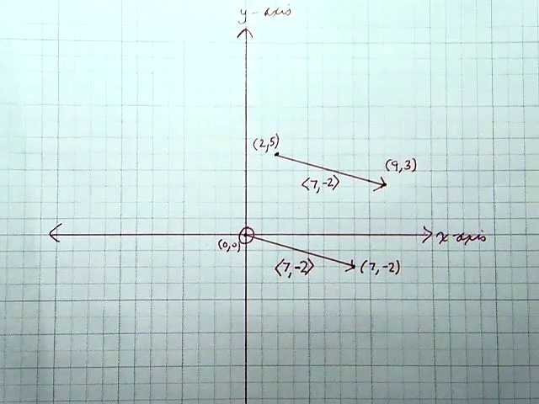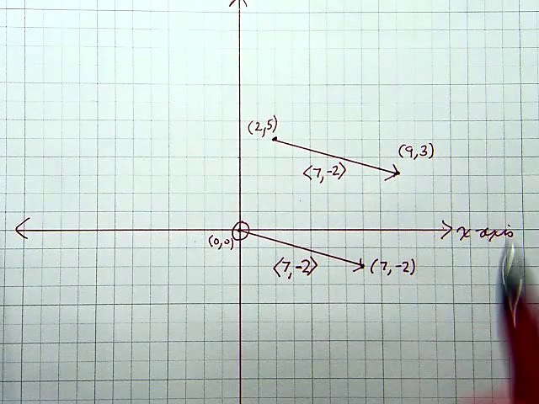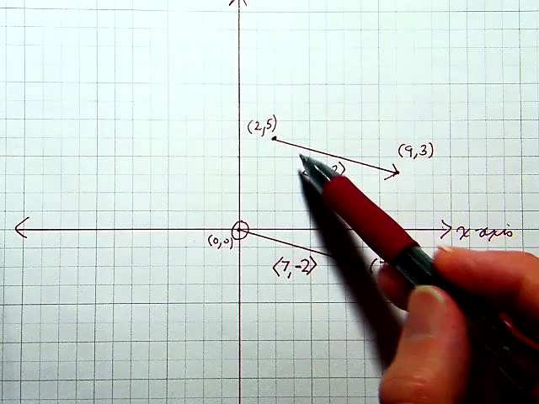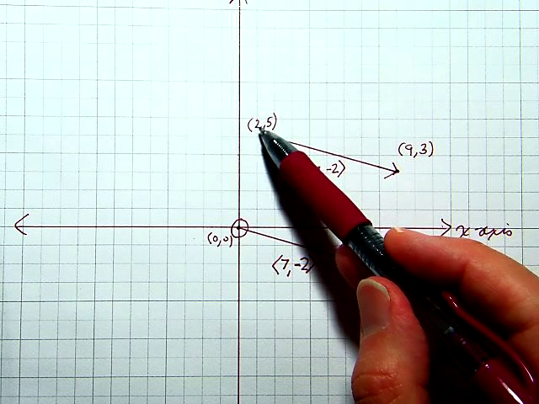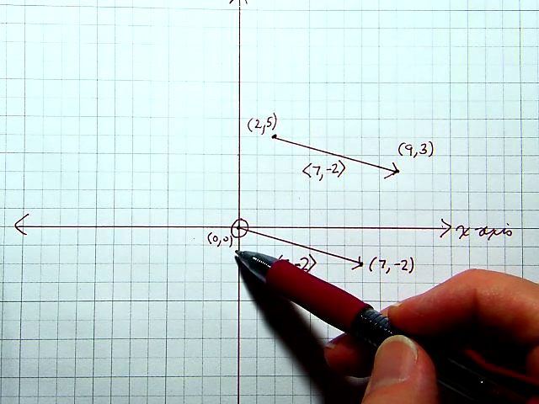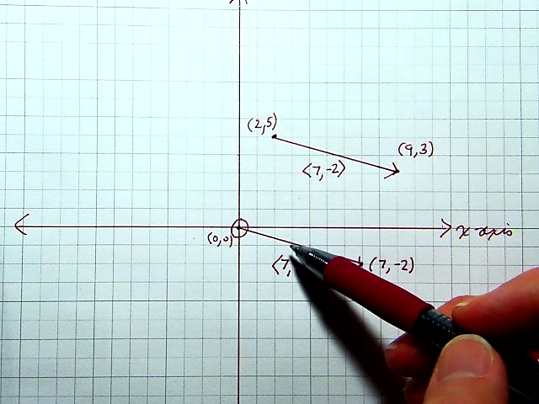Well, why is that? First of all, these two vectors are exactly the same. The fact that this vector is starting at point (2, 5) and this vector is starting at (0, 0) has nothing to do with the vector definition.